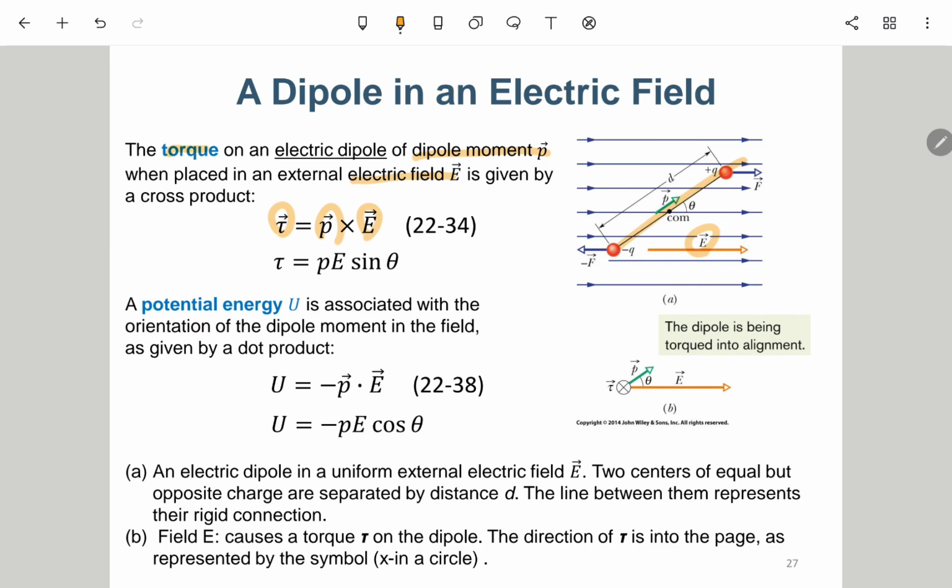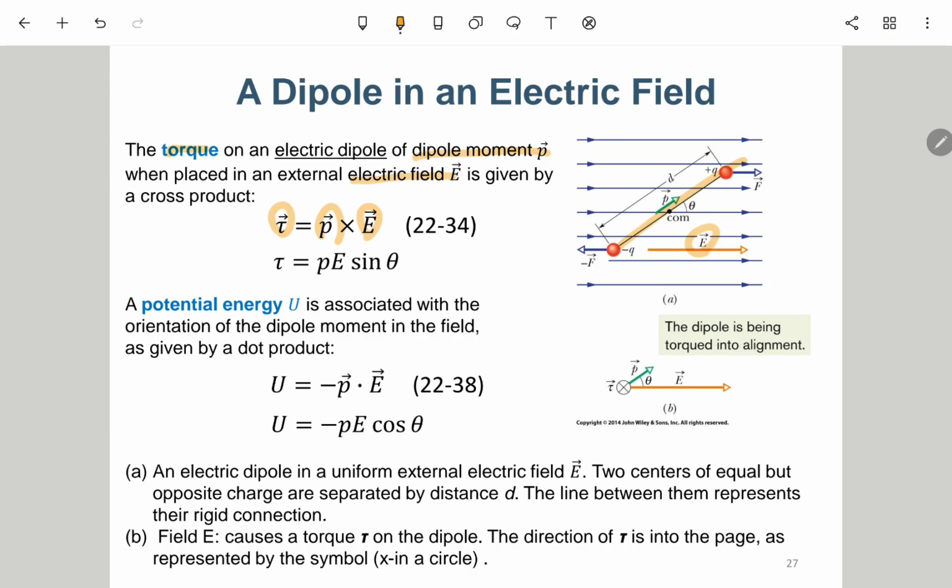I suppose you should have learned that in high school physics for magnetism. I won't go through it right now because we will cover the cross product later in this semester. But simply speaking, you use the right-hand rule to determine the direction of the cross product.